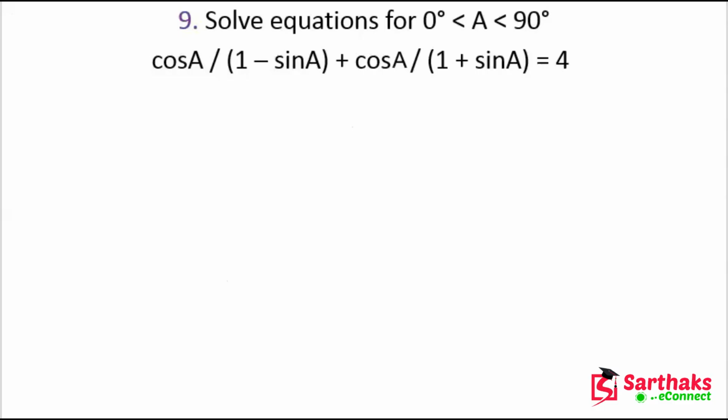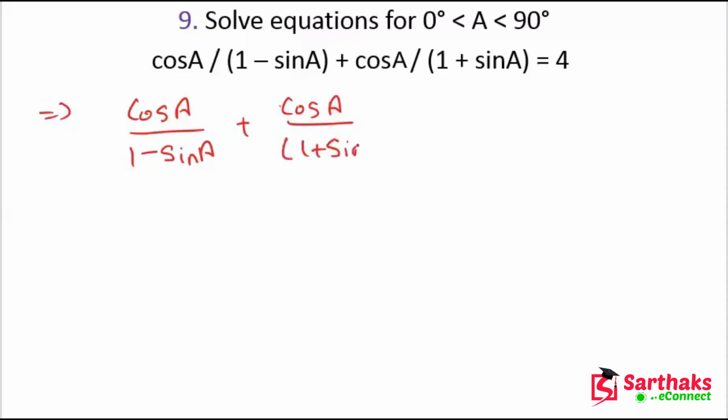Now again we are going to discuss a very amazing and interesting question. Solve the equation for A which is greater than 0 degree and less than 90 degree. So now we have cos A upon 1 minus sin A plus cos A divided by 1 plus sin A, which is equal to 4.